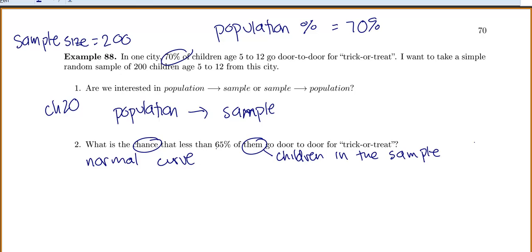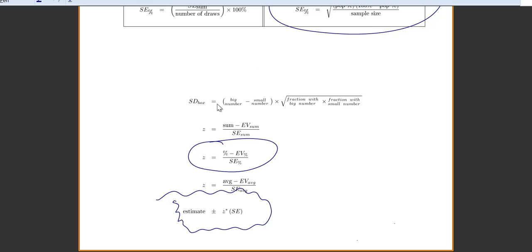Anytime you use the normal curve, you need to find a z-value. So go to your memory aids and look for a z-formula. There are 3 z-formulas: one for sums, one for percentages, and one for averages. At this point, it should be fairly obvious that you want the one with percentages.